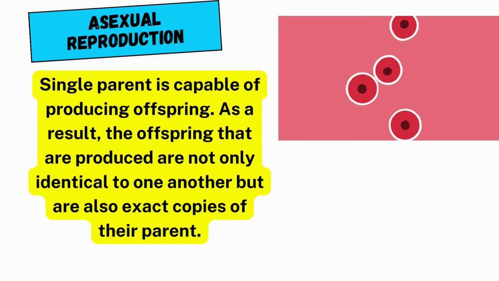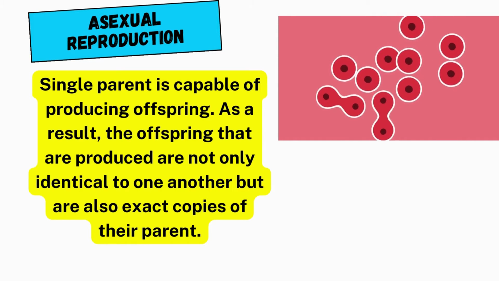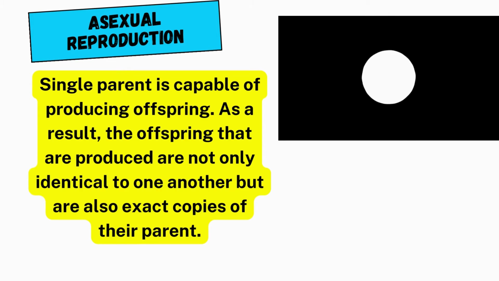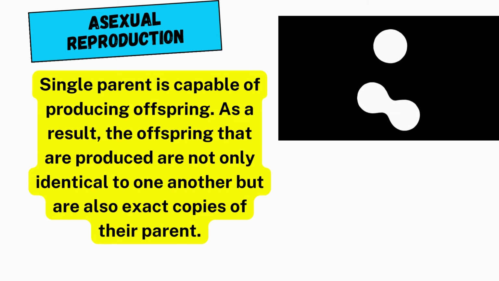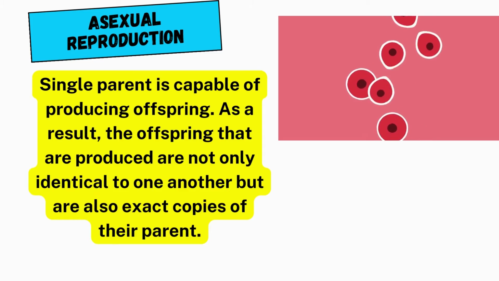During asexual reproduction, a single parent is capable of producing offsprings. As a result, the offspring that are produced are not only identical to one another, but also they are the exact copies of their parent.